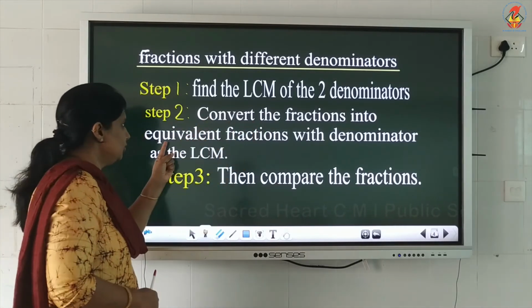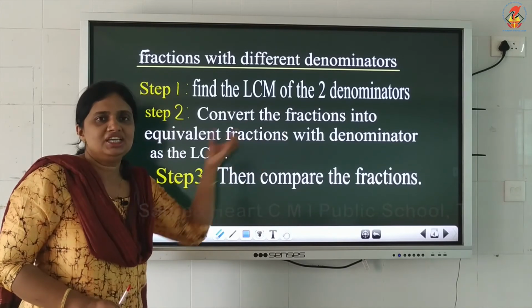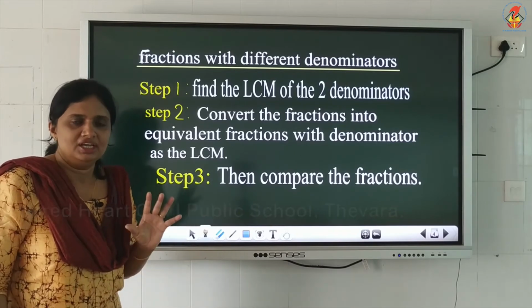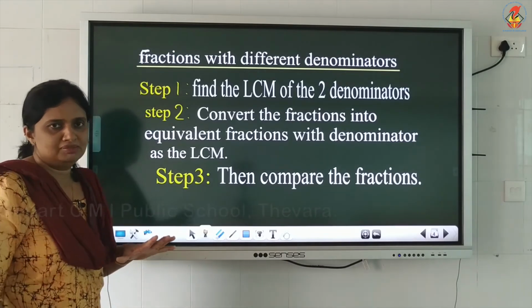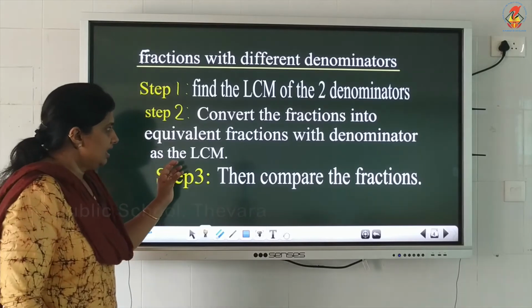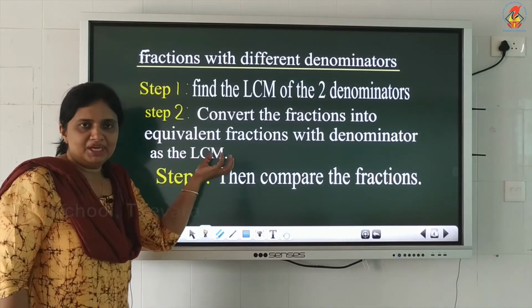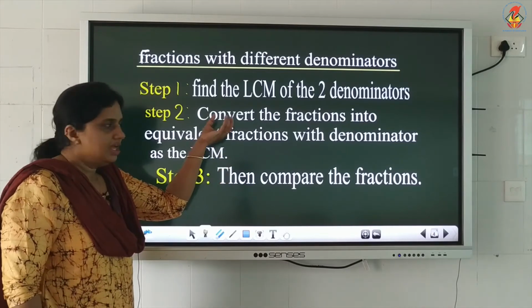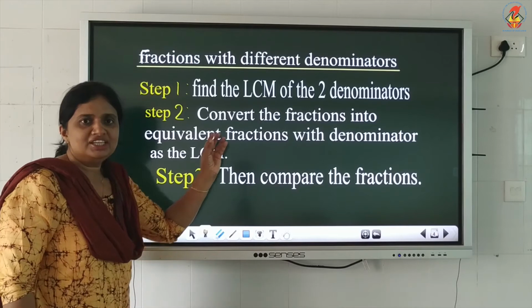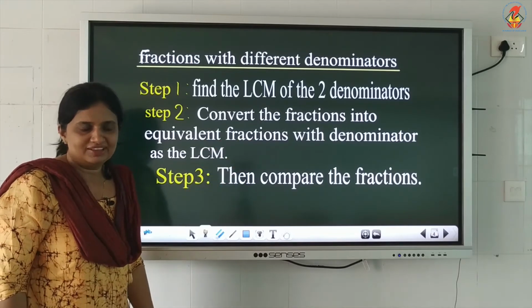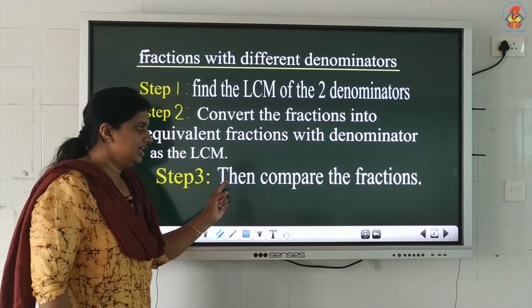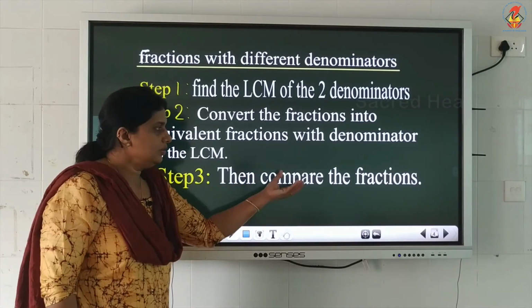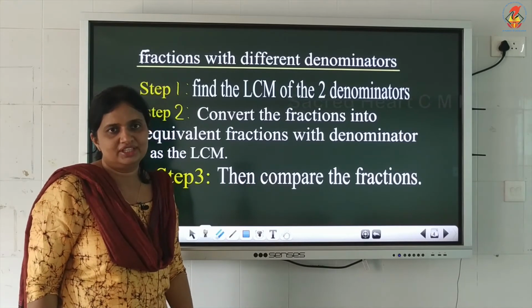After that, we need to convert the fractions into equivalent fractions with the LCM as denominator. I will show you, children, then only you will understand. I will make you understand with problems, right? After that, they will become like fractions, and then you can compare them.